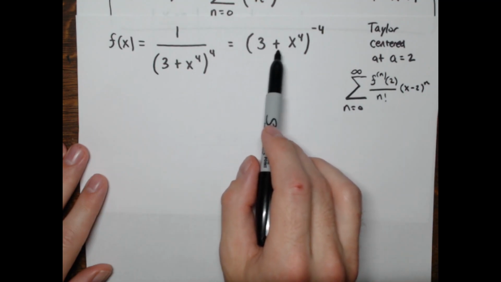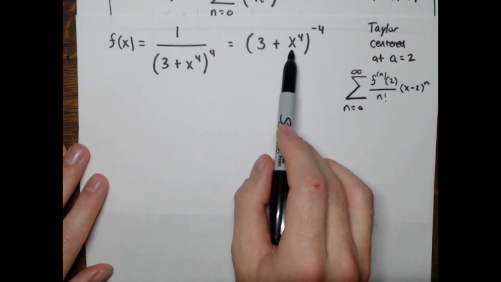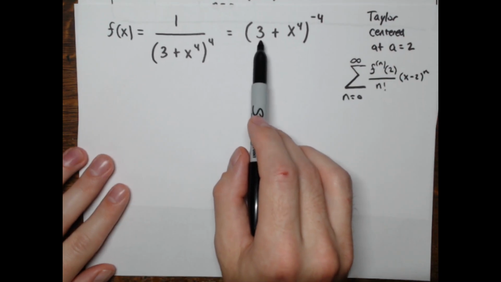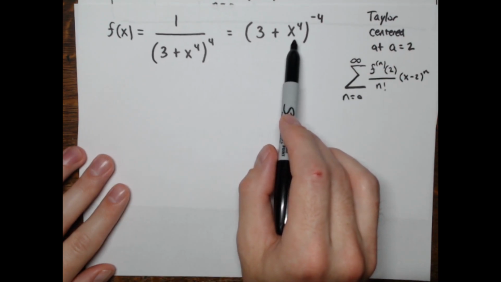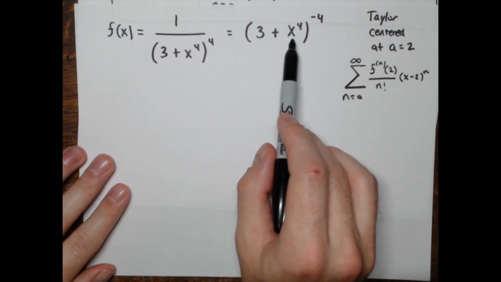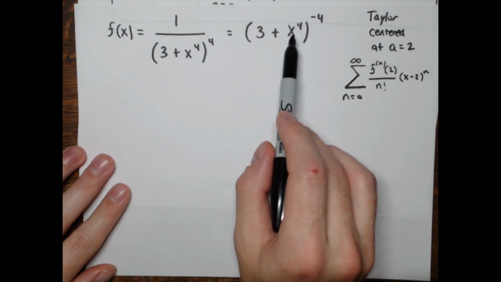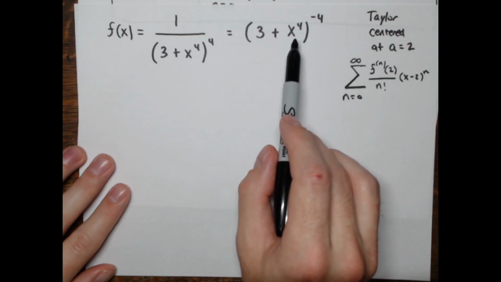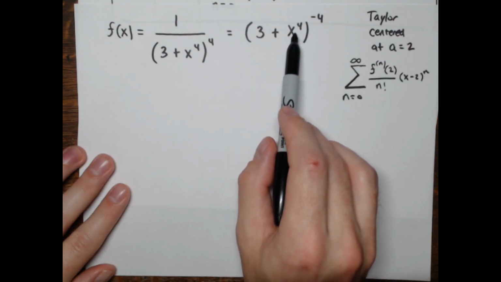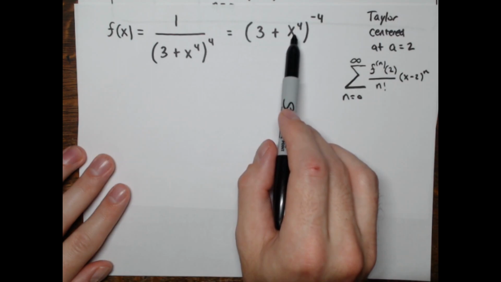Now this one, though, will be a little trickier than what I was showing you earlier, because it's not just 1 plus something. It's 3 plus, and it's not just x, it's x to the fourth. So when I do the derivative and apply the chain rule every time, I also have to multiply by 4x cubed every single time.